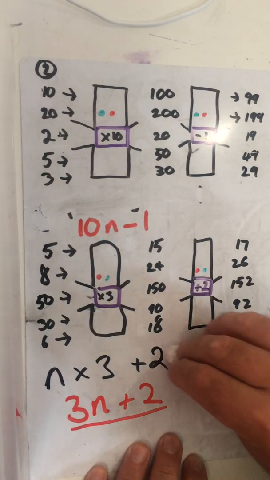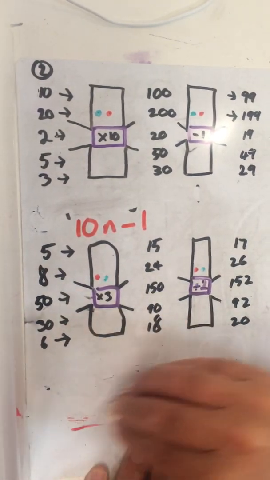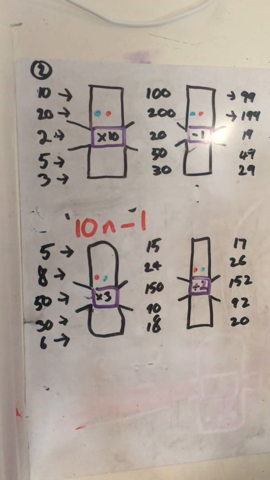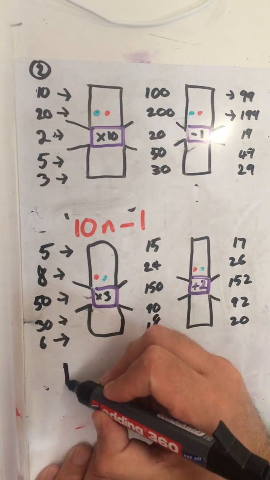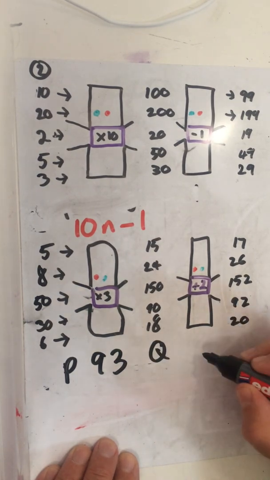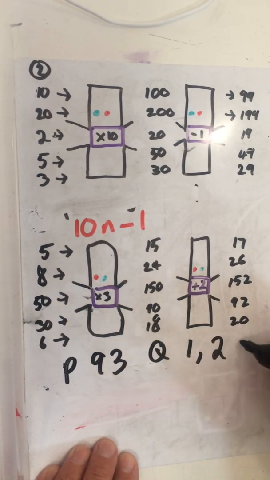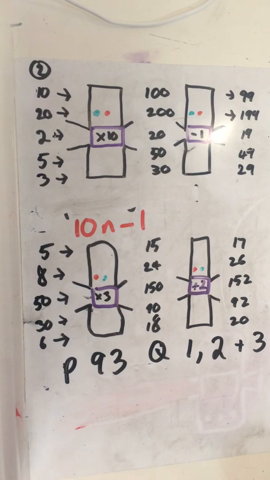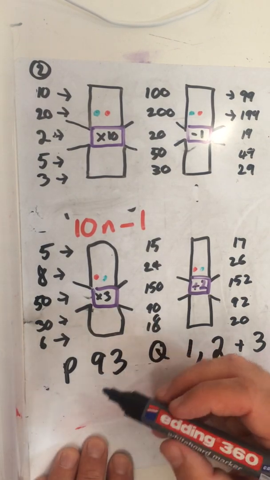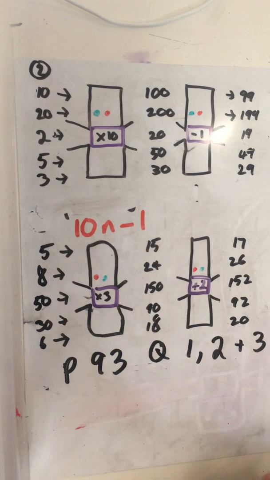Have a go at, I only want you to do questions 1, 2, and 3. Okay, because we know how function machines work. So on page 93, just have a go, please, at questions 1, 2, and 3. And you'll see, for example, just have a go.